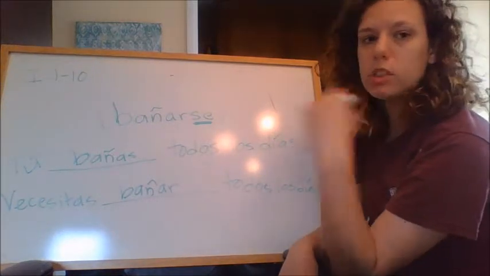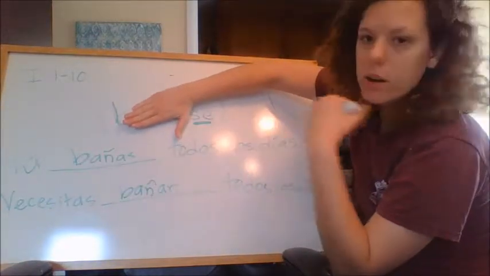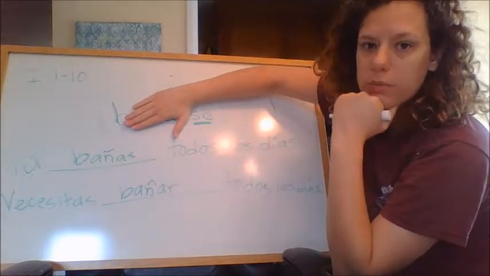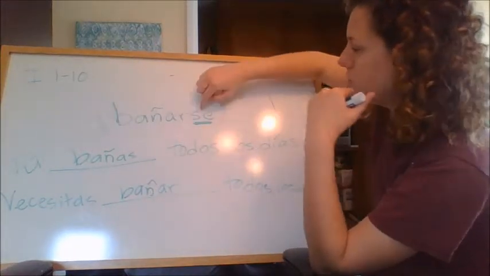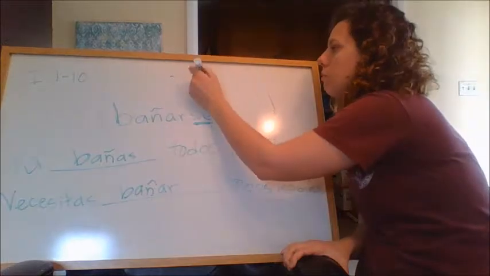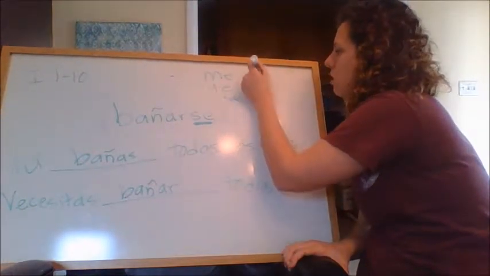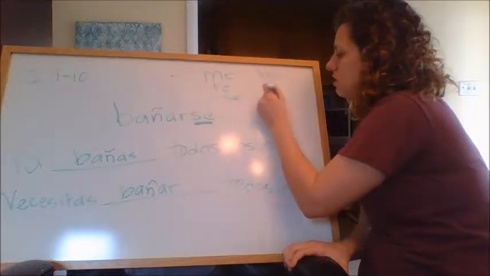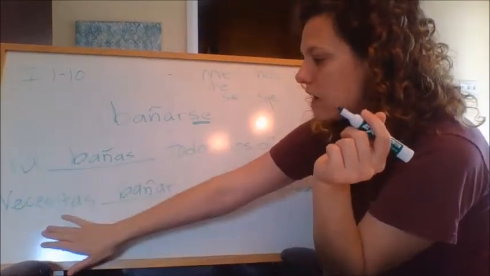All right, step 2, decide what reflexive pronoun you need. We covered this up at first to deal with this. Now we're covering this up to deal with this, okay? Reflexive pronouns are me, te, se, nos, and se, all right? My subject in both of these is tú.